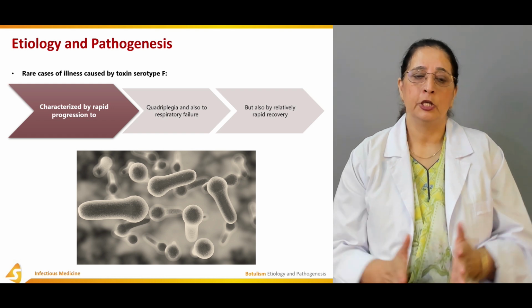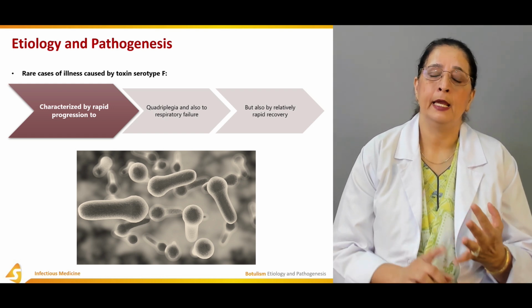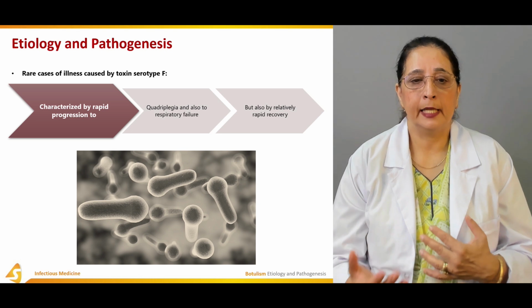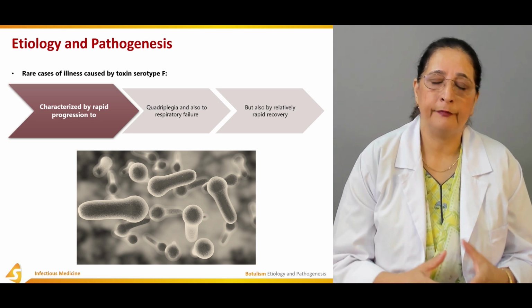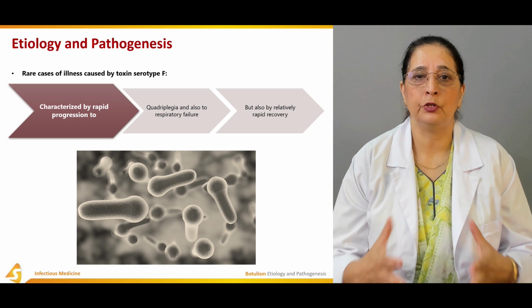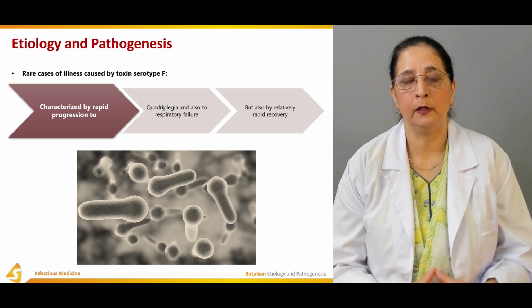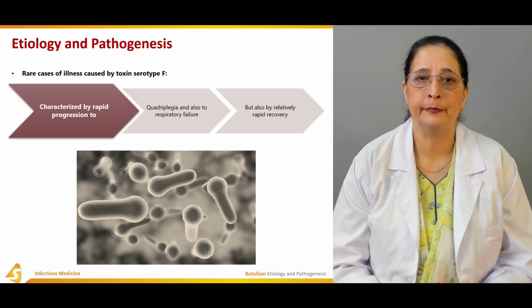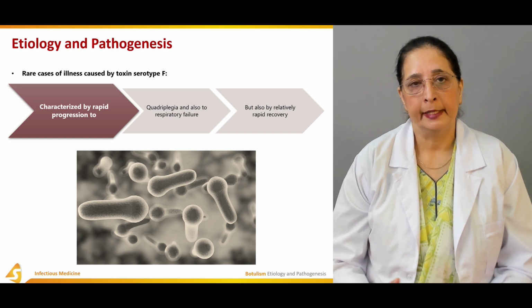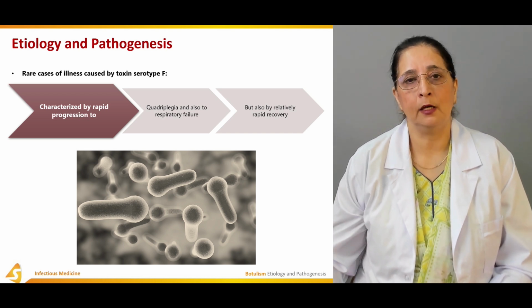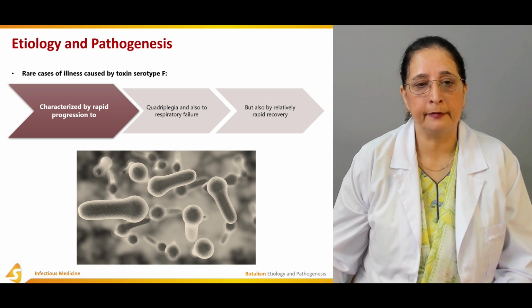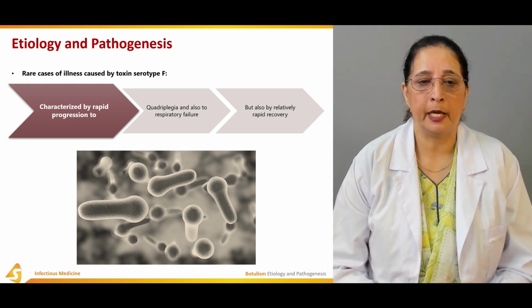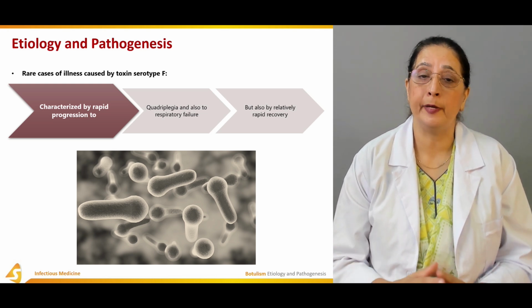So we have A, B, E and F. Serotype A is the most severe, and the patient needs mechanical ventilation. The others are relatively less severe, and serotype F causes quadriplegia.